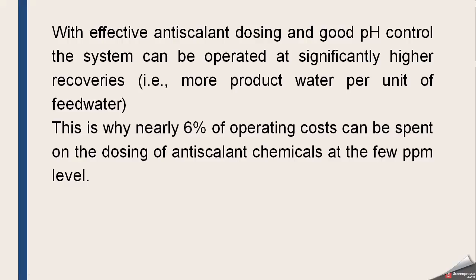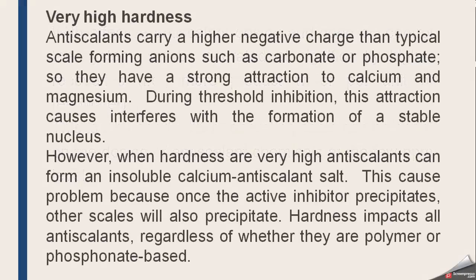Now another important thing is if there is high hardness present in the feed water, then there is a tendency of scale formation. Now, antiscalant basically carries a higher negative charge than typical scale forming anions such as carbonate or phosphate which are present in the water. So they have a strong attraction to calcium and magnesium.